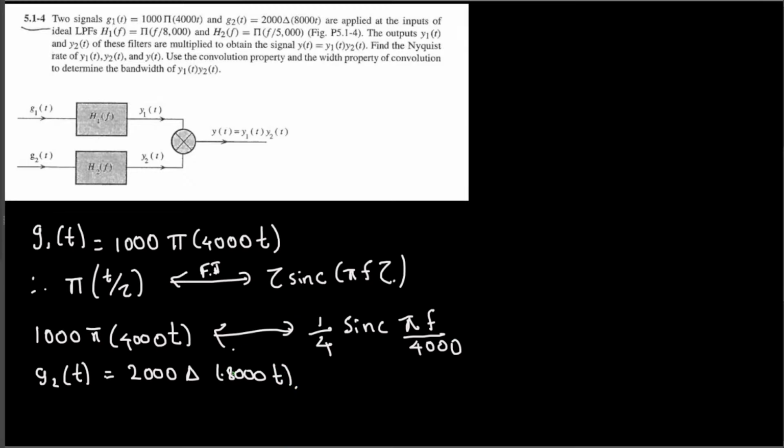The Fourier transform of this is similar to what we have for the rectangular. The only difference is that it's going to be double, so when you multiply this, it's going to be double whatever we have.